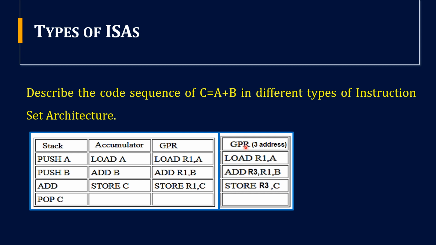Then the three address instruction. First A is transferred onto the register R1. Then using add R3, R1, B, R1 plus B is performed and the result is stored in R3. So R3 equals R1 plus B. Now the result is there in R3, so from R3 it is stored back onto location C.